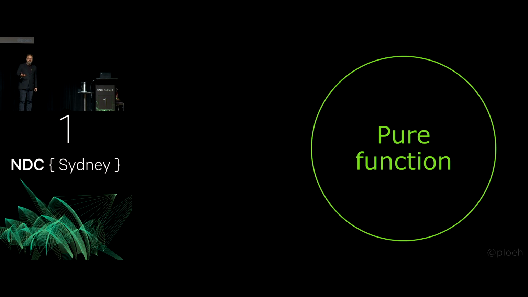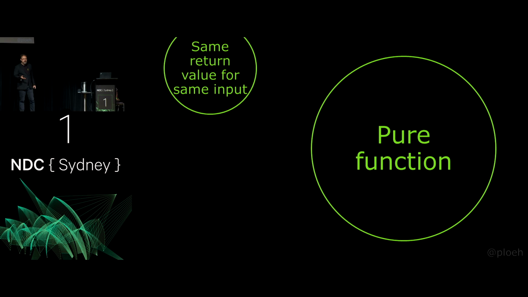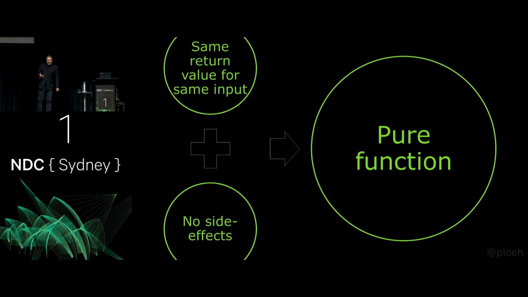So what is a pure function? We need to understand that. A pure function is a function, first of all, that is deterministic. It always returns the same output if you give it the same input. The other thing about a pure function is that it has no side effects. A side effect may be that you send an email. It may be that you write files to disk. You delete a record from a database.